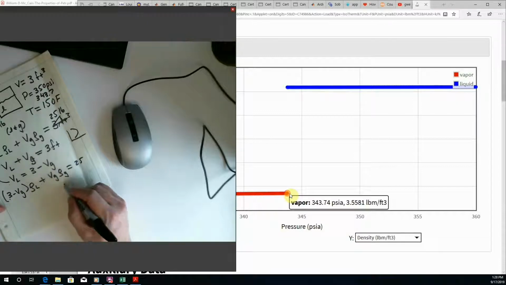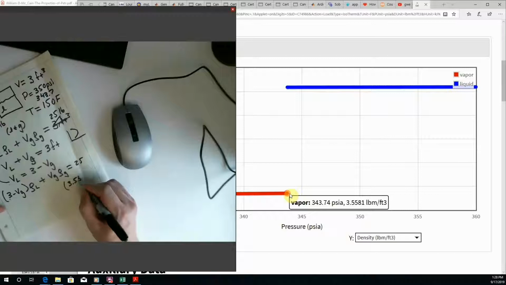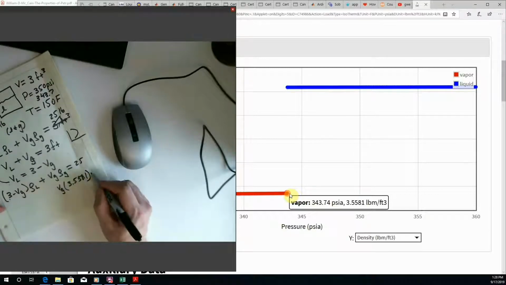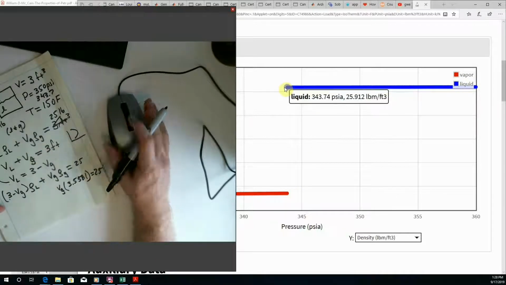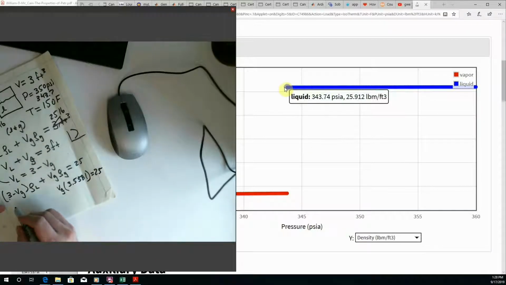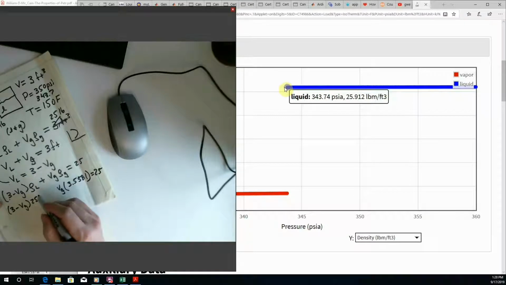So our rho G is going to be equal to 3.5581, times VG. It's going to equal 25 eventually. And then here's our liquid phase: 3 minus VG times 25.912. That is our liquid phase.